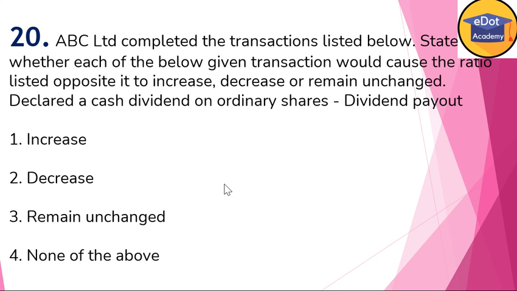Because the dividend has been declared, the dividend paid has increased, so dividend payout will increase, because the numerator is increasing. Here only the numerator is changing, so it will increase the dividend payout.